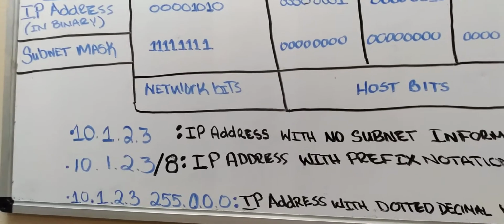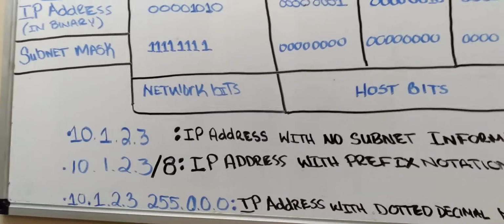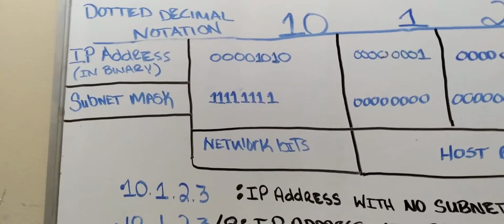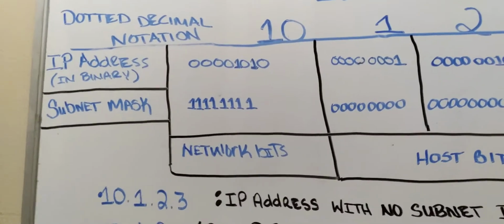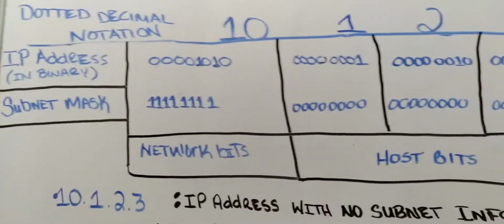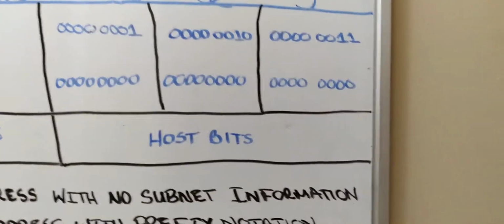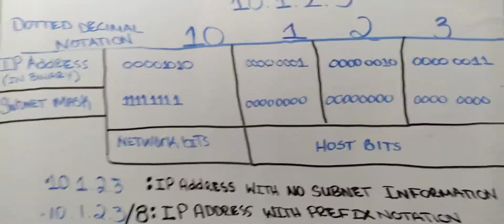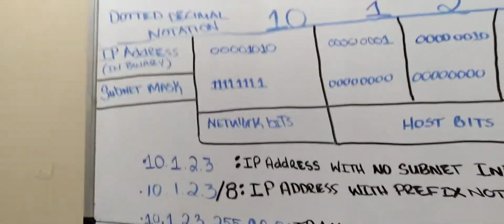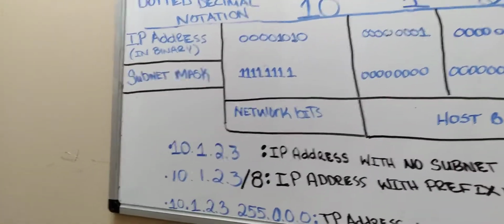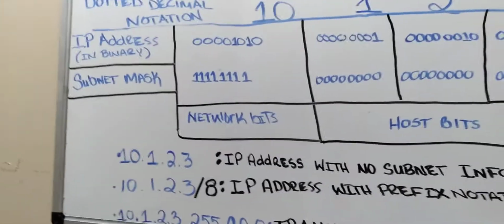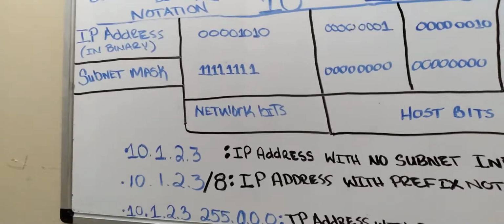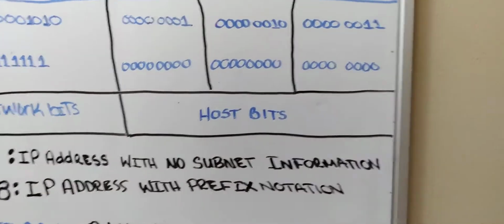In the first octet, the subnet mask has 8 ones. All the others have zeros. So my subnet mask is those 8 ones converted to decimal, 255 dot. And the host bits are all zeros.